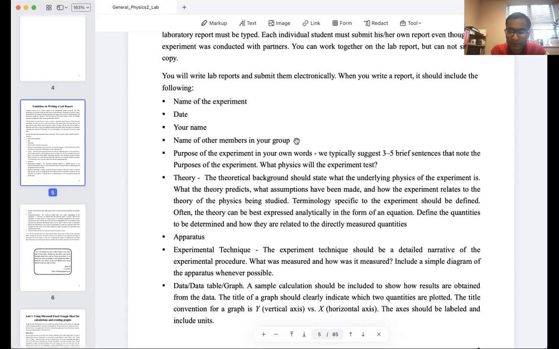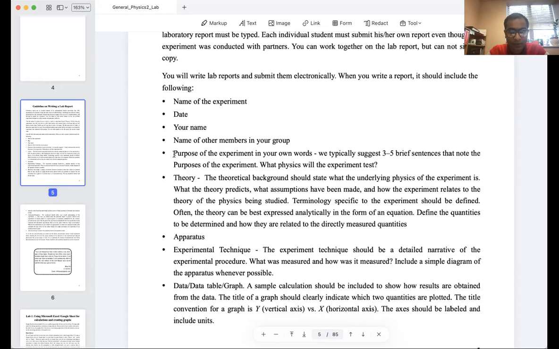And the partners, when they write their lab report, should put your name in their lab report too. It is a courtesy, if you perform a lab together, to put the names of all people who contributed to the experiment.